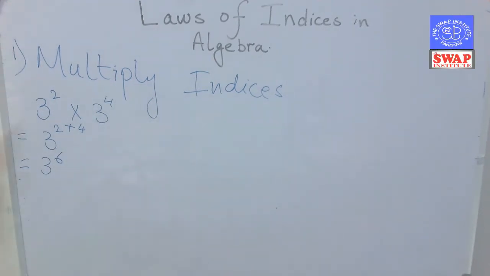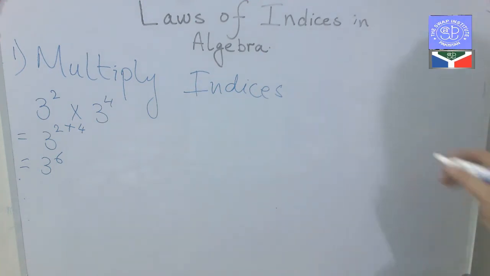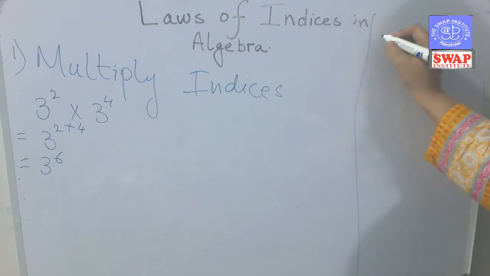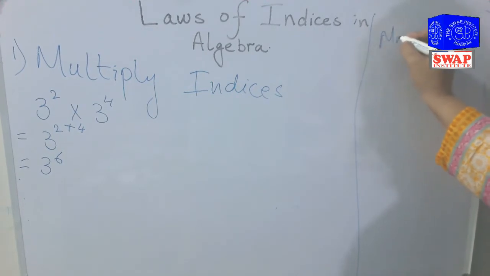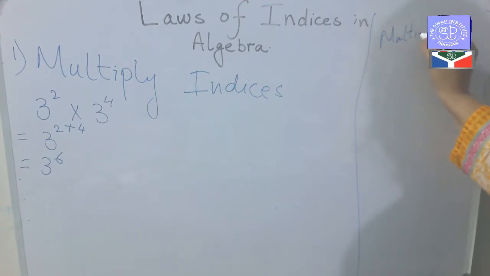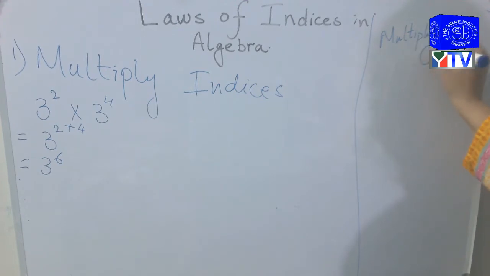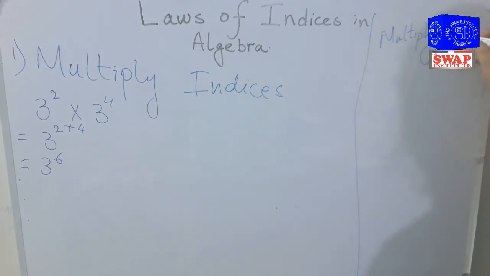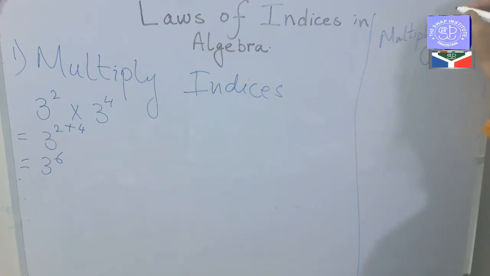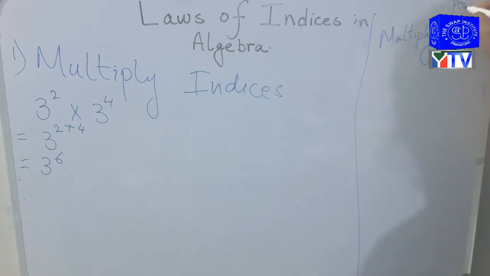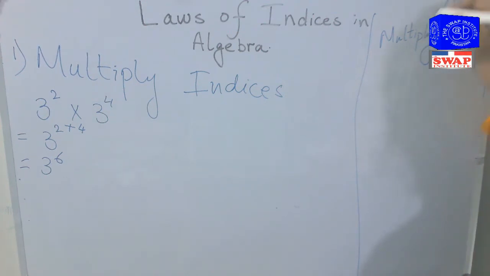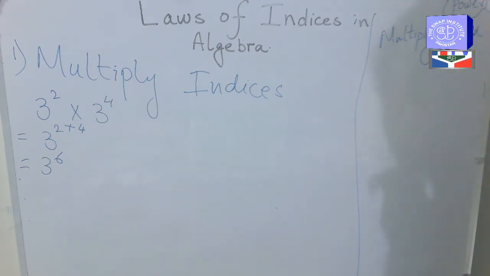So what is the rule? When we are multiplying indices, we have to add the powers. Remember this, you will not forget. I write powers here because whatever operation we do, we do it with the powers.